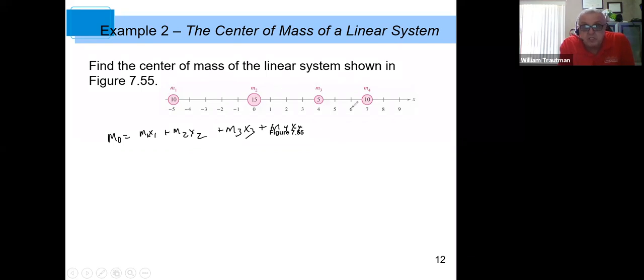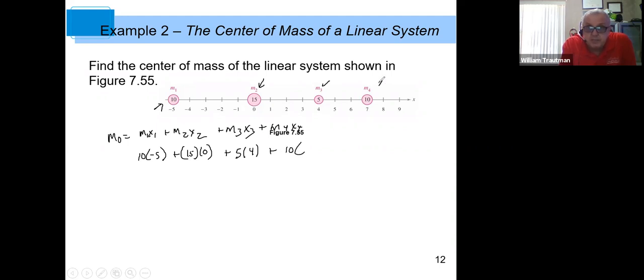We have four masses here. m1 is 10 and it's located at -5 on the number line. m2 is 15 and it's located at 0. m3 is 5, located at +4. And m4 is 10, located at 7.